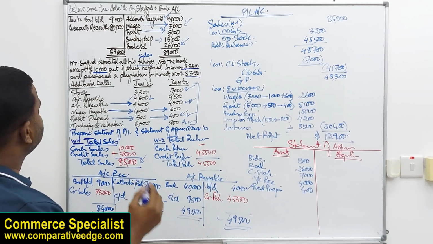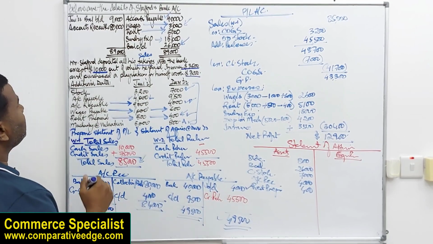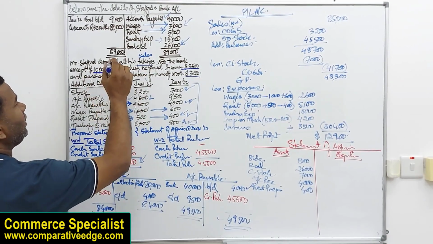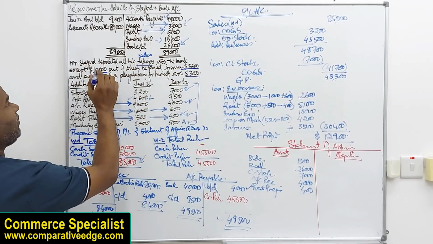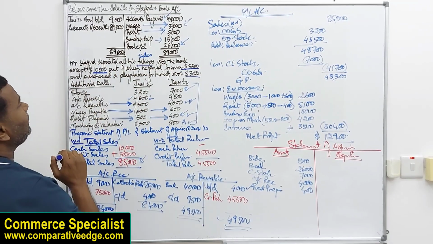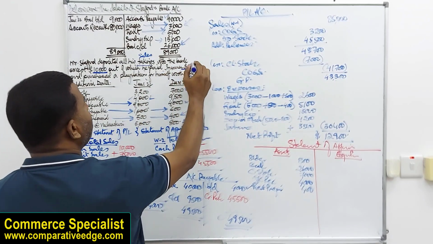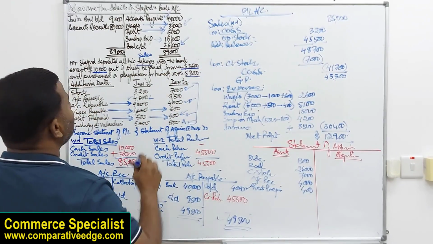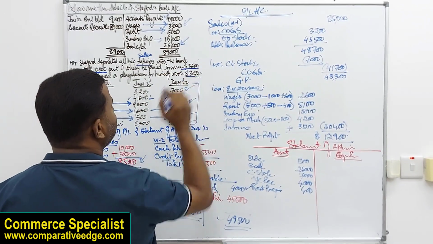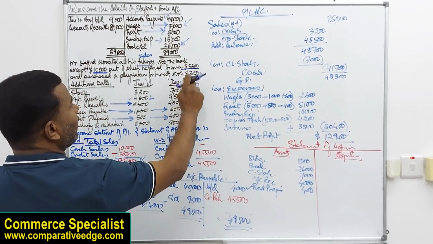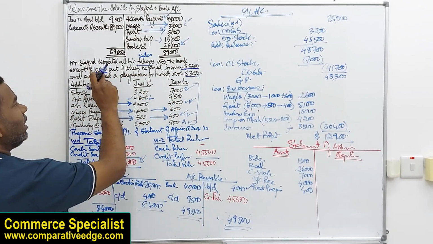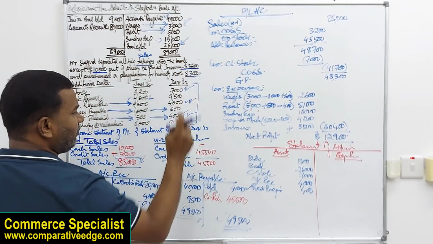So one thing you need to remember is he deposited all his sales into the bank except 10,000. Out of 10,000, he paid insurance 3,500 and 3,000 he purchased a PlayStation 4. So this is 6,500. So he had cash 10,000. Out of that 6,500 is paid.